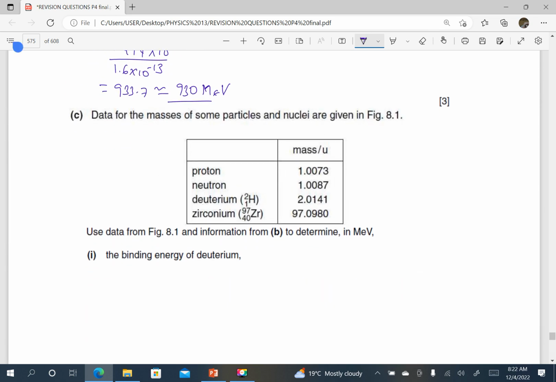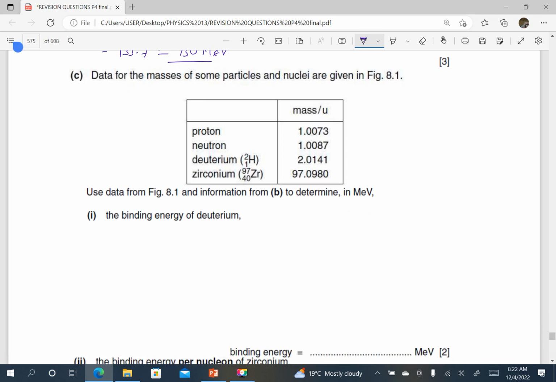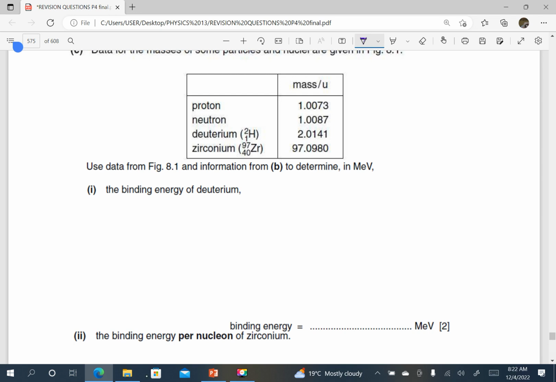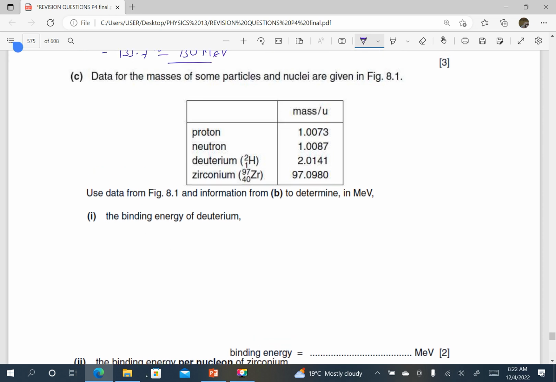Data for the mass of some particles and nuclei are given in the table. Use data from the figure and information from part B to determine, in mega electron volts, the binding energy of deuterium. So for binding energy, we need the mass difference. We want the answer in mega electron volts, and we have already verified that 1 u is 930 mega electron volts. So without wasting time, we shall just use that relationship. So the mass difference is going to be equal to, we are finding for deuterium, H-2 1.